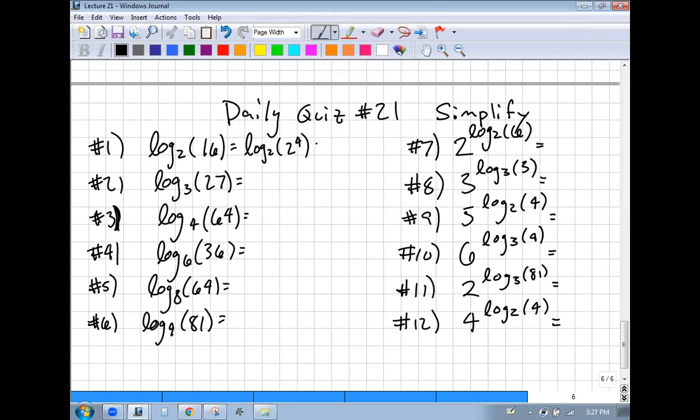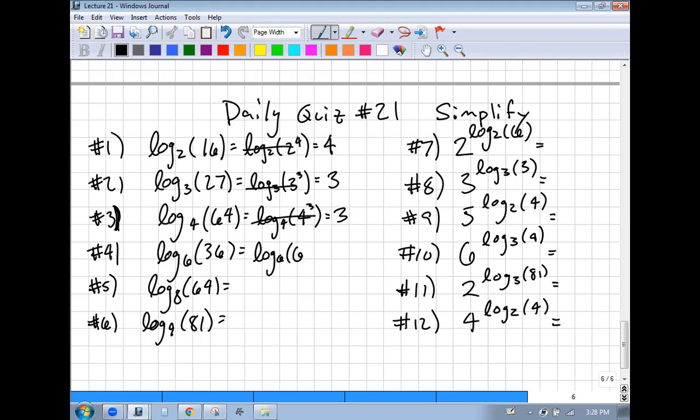Yeah, 16 is 2 to the 4th, and log base 2 and 2 to the undo one another, and the 4 comes down out of the exponent. 27 is 3 cubed, and log base 3 and 3 to the undo one another, you get 3. 64 is 4 times 4 is 16 times 4. So 64 is 4 cubed, those undo one another, and you get 3.